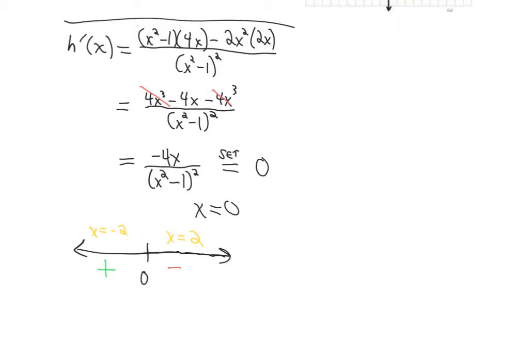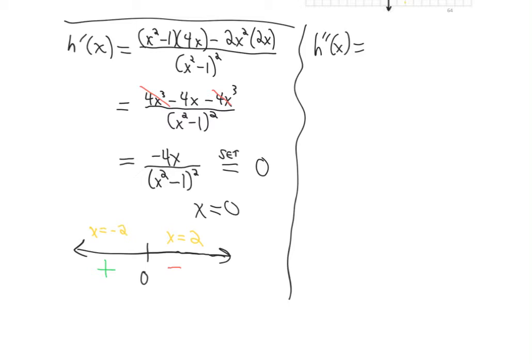Let's go for the second derivative now, h double prime of x. I'm going to use this simpler expression. I'm going to take the derivative of it, and then we'll see what happens.